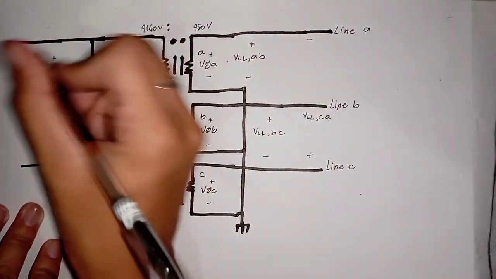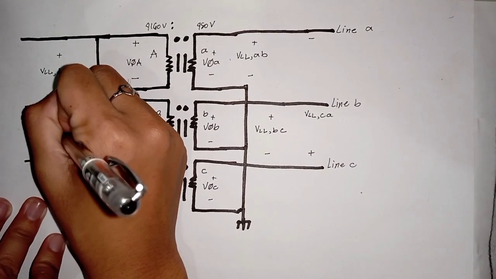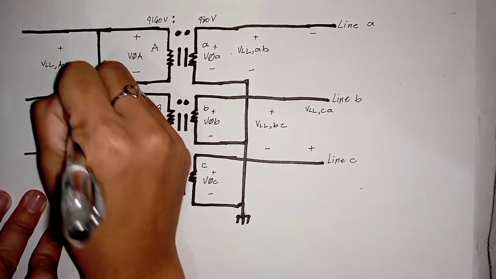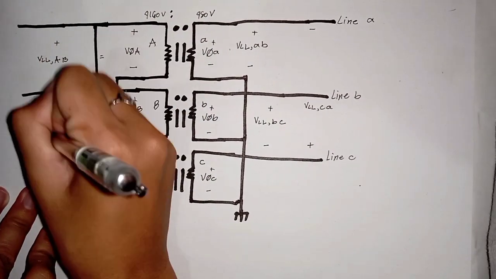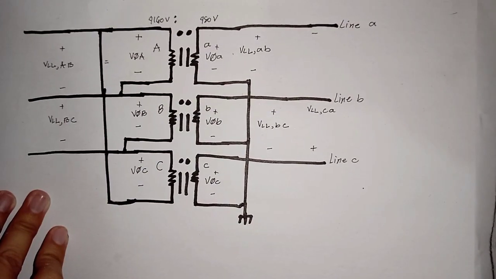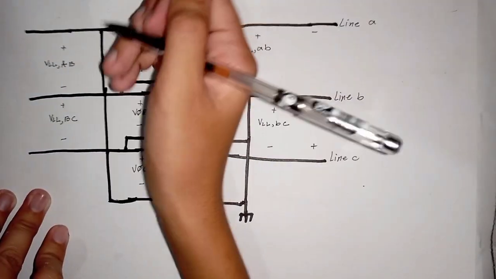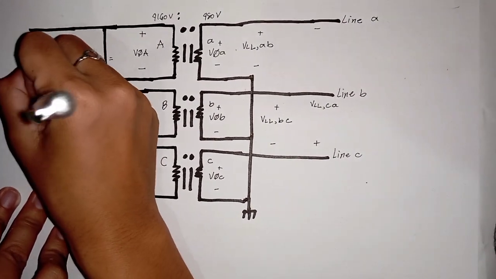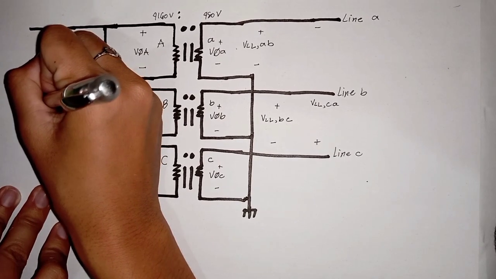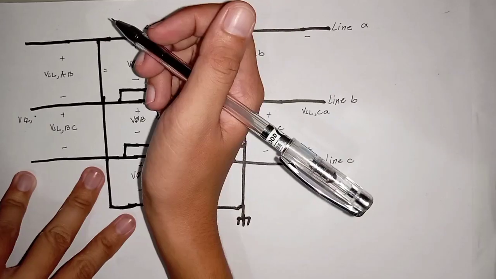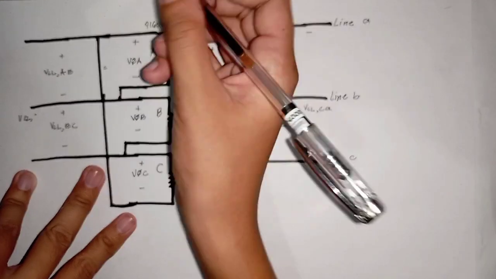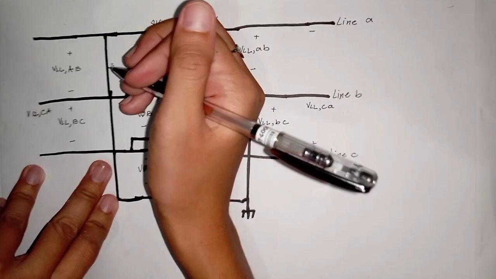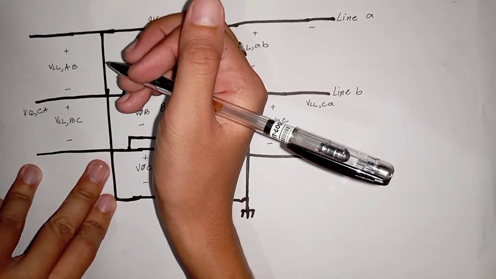Similarly, the line-to-line voltage across line B and line C is equal to phase B voltage, and the line-to-line voltage across line C and line A is equal to phase C voltage.